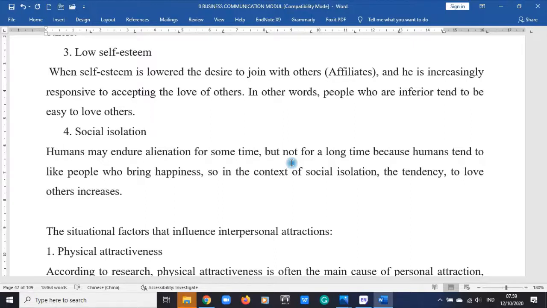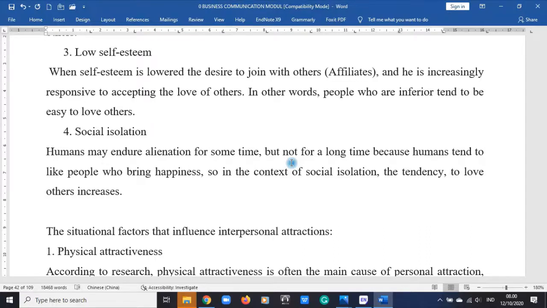You will be happy if you have a certain person next to you, right? So in the context of social isolation, the tendency to love others will increase. When you are alone, you will crave other people's presence in your life.